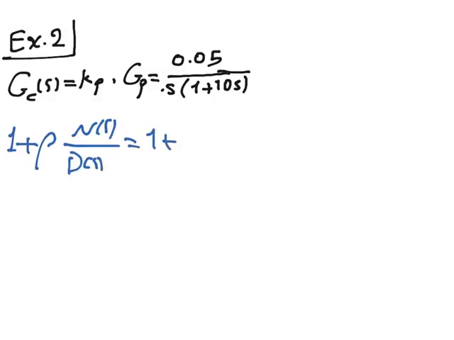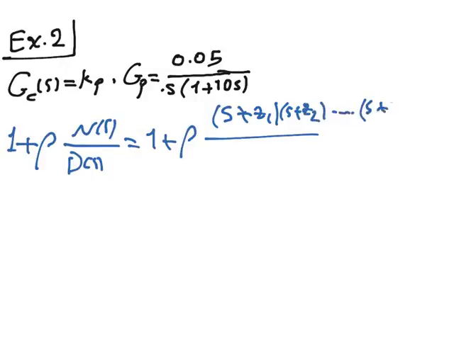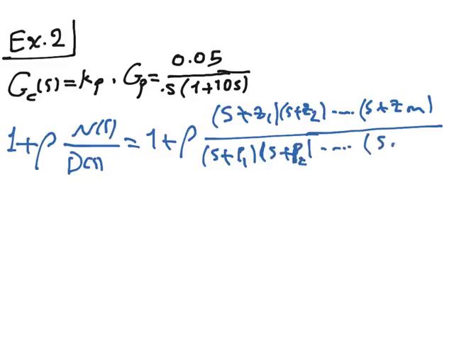So we have 1 plus rho times (s plus z1)(s plus z2) up to (s plus zm), where m is the number of zeros that we have, divided by (s plus p1)(s plus p2) up to (s plus pn).